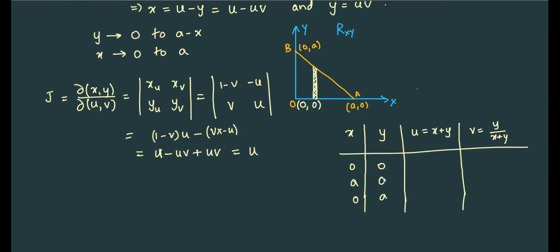Let us see how they look. Now for 0 comma 0, u will be 0, v will be undefined, so it goes to infinity. Now for a comma 0, u, x plus y, is a, and v will be 0, and for 0 comma a, u will again be a, and v will be 1.